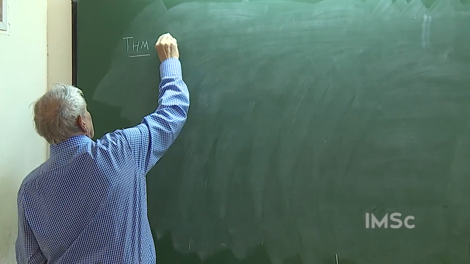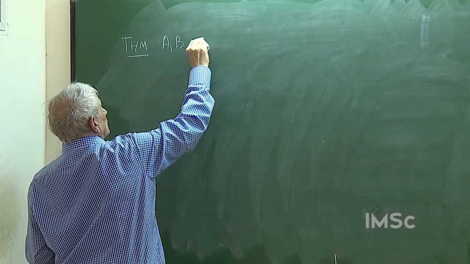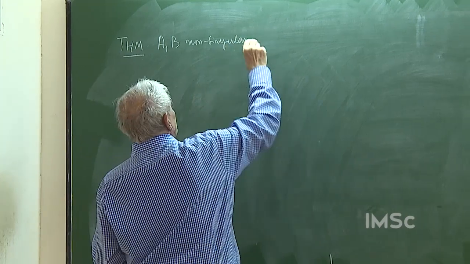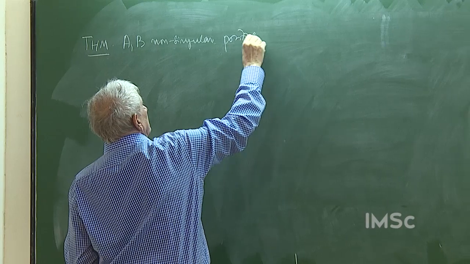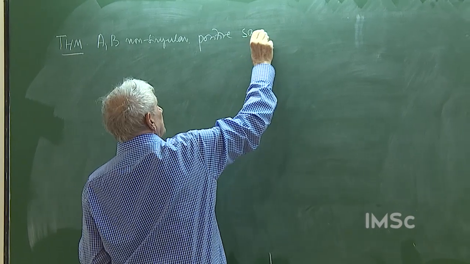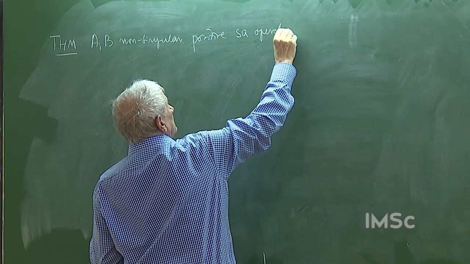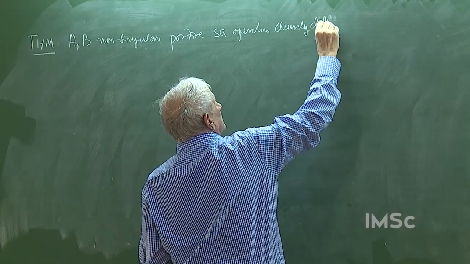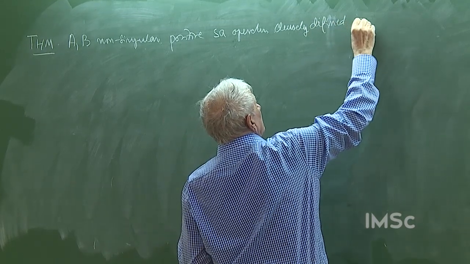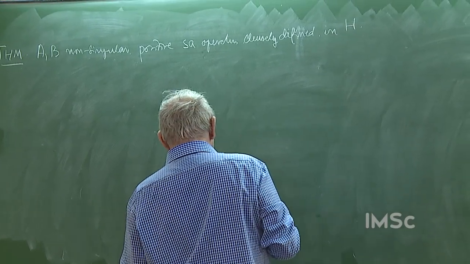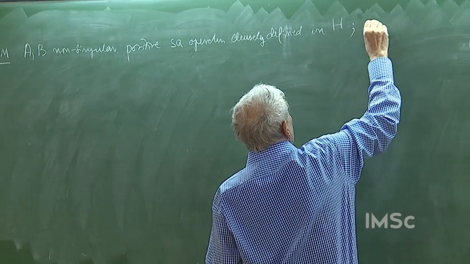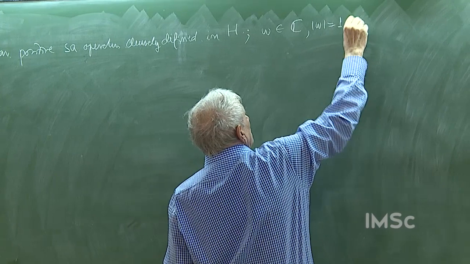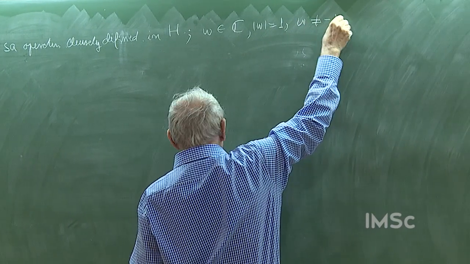You have A and B non-singular positive self-adjoint operators, densely defined, in a Hilbert space H. You also have a complex number omega of modulus 1, which is not minus 1.